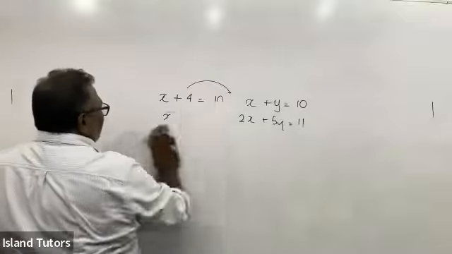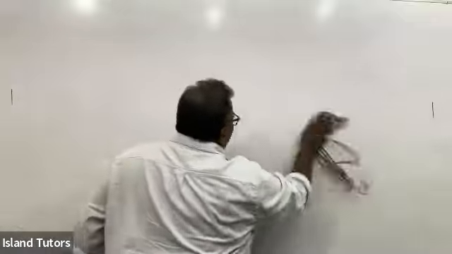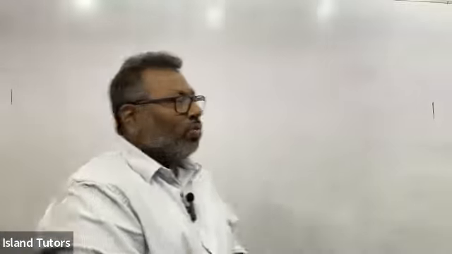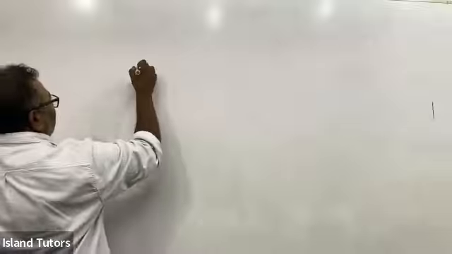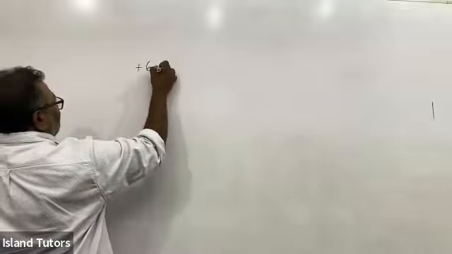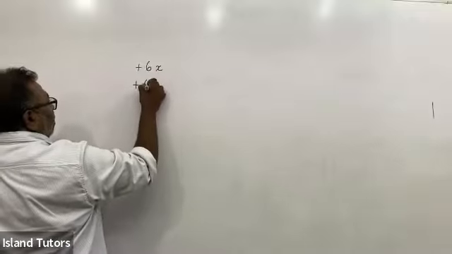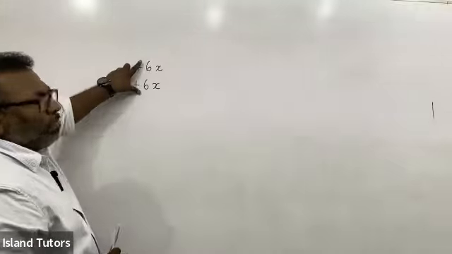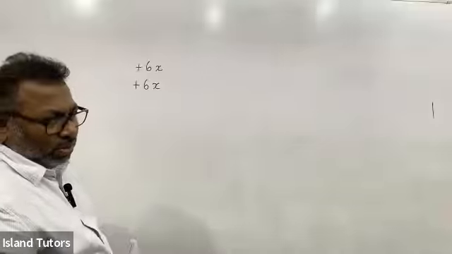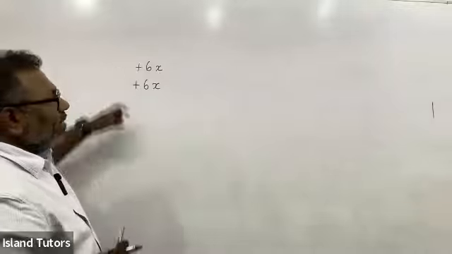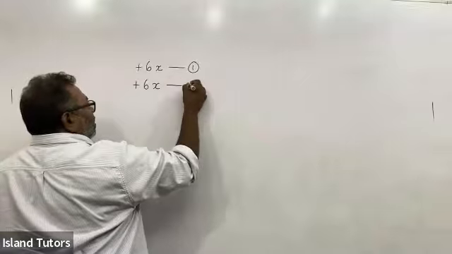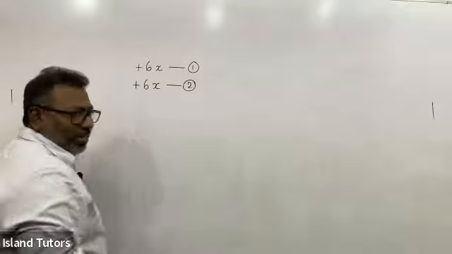So the first rule, guys, is when you have two coefficients, say plus 6x and plus 6x. What is a coefficient? The number in front of your unknowns. We'll take this as your first equation and this as your second equation.